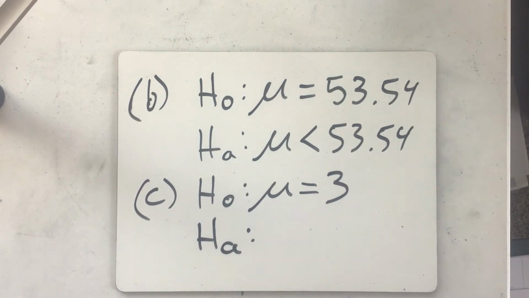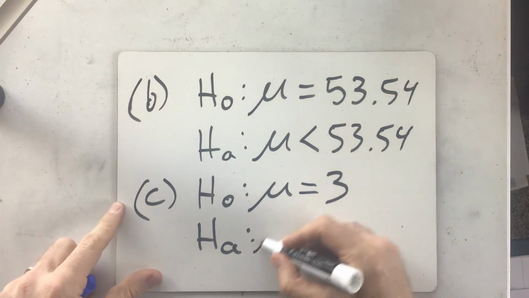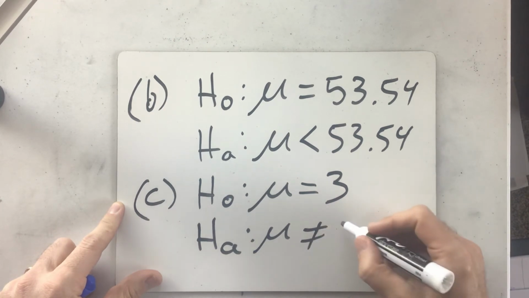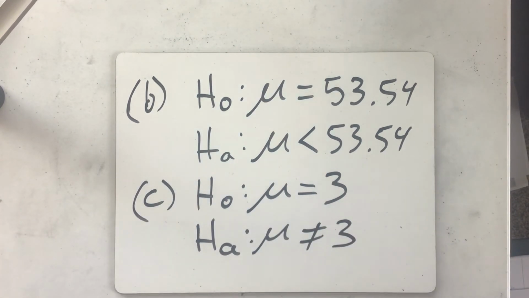Our alternative hypothesis is going to be that there's something different. But notice, our scientist doesn't distinguish the difference. He's not testing if there's more sodium, he's not testing if there's less sodium, he's just testing, is the sodium different? And so for different, we're going to write mu is not equal to 3 milligrams per cup. All right, so that's how we write hypotheses.